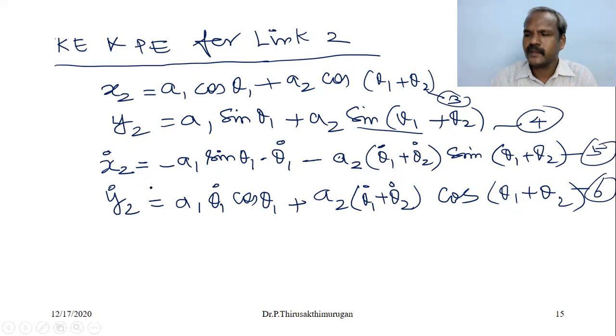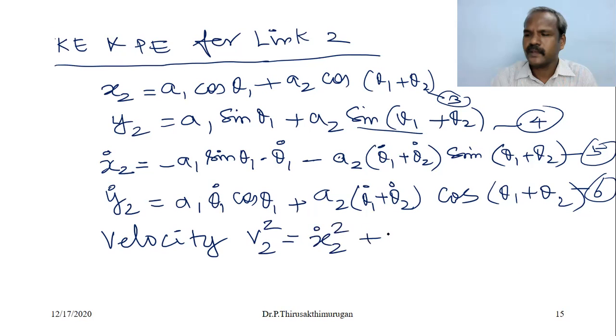So the velocity required for kinetic energy can be easily computed from these two relations. The velocity of the joint 2, v2 square equal to x2 dot square plus y2 dot square. So you just square these two terms and add.